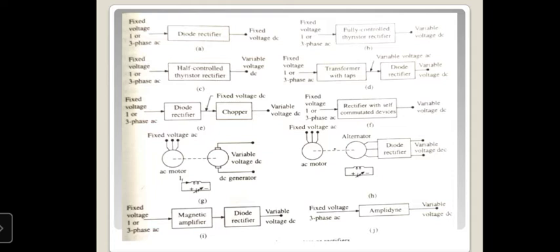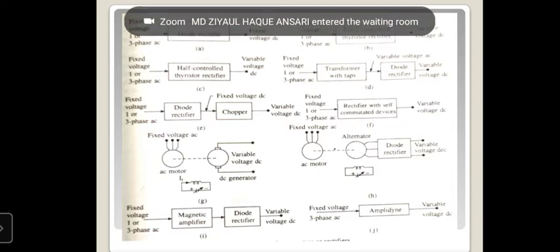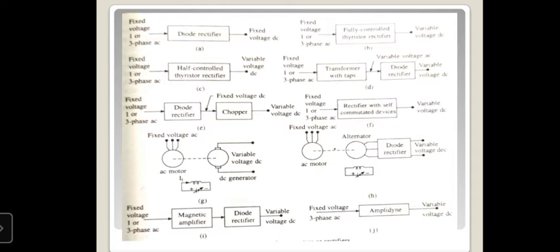So first use a transformer, then the fixed AC voltage is converted into variable AC voltage. Then use the rectifier, and the variable AC voltage is converted into variable DC voltage.